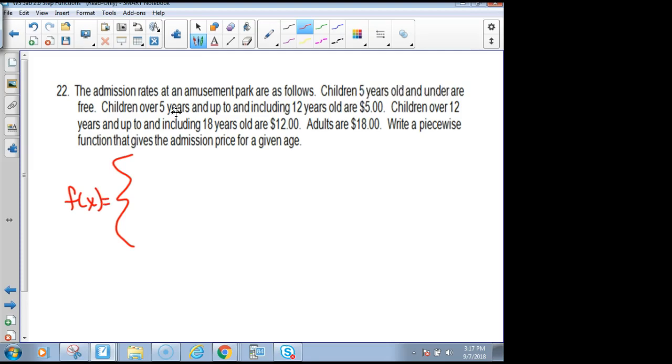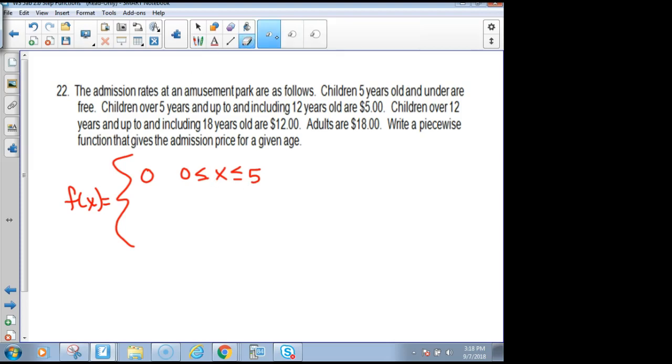Children 5 years old and under are free. So you pay y, remember f of x is y, will equal 0 if the kids are 5 or younger. So that would be between 0 and 5 years old. Does it include the 5? 5 and under, so it does.